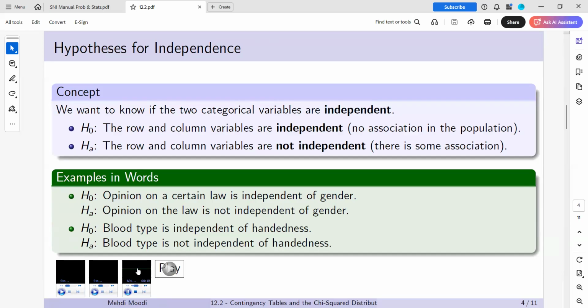For example, if the overall chance of being left-handed is about 10%, but among people with blood type O, the chance of being left-handed is, say, 15%, then blood type and handedness are associated, because knowing the blood type changes your idea of the probability of being left-handed. If the probabilities stay the same no matter which blood type you look at, then the variables are independent.